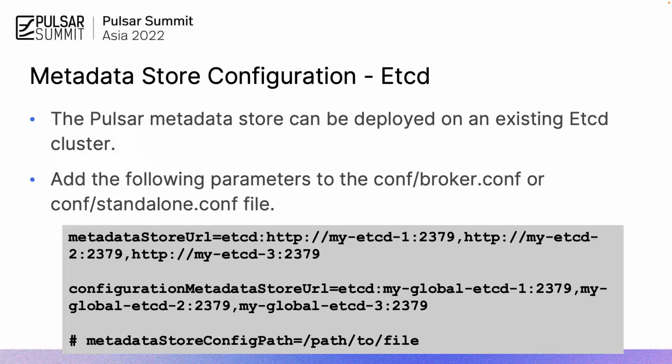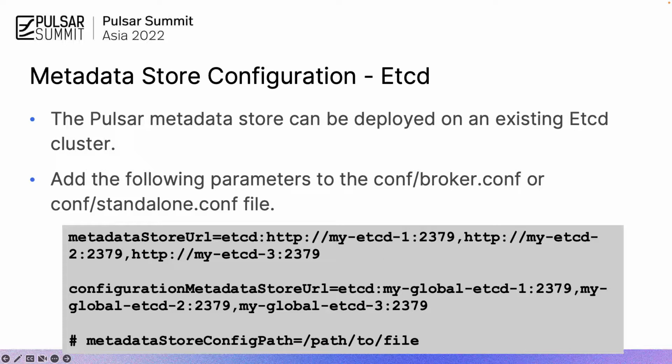Now, if you want to use etcd as your metadata store implementation of choice, then these configuration properties would look something like this. Each metadata store URL would be a list of etcd nodes, prefixed by the etcd protocol type, followed by the HTTP endpoint that all the different etcd nodes in that quorum can be addressed through.